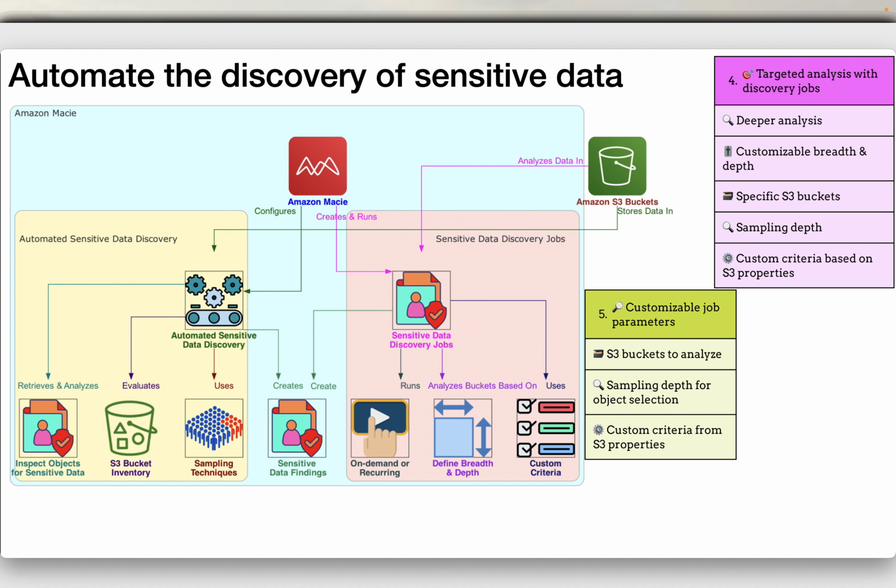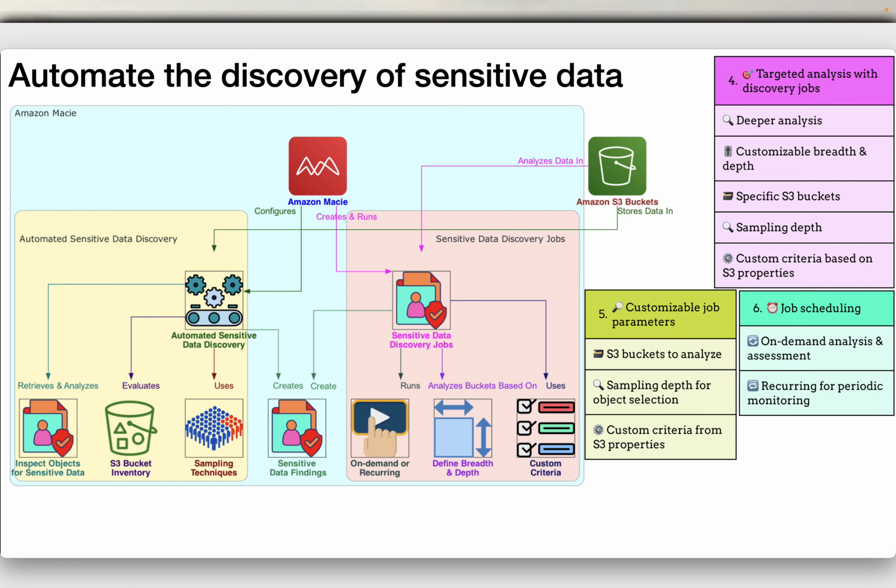When creating a sensitive data discovery job, you can customize parameters such as the specific S3 buckets to analyze, the sampling depth for selecting objects, and custom criteria derived from S3 object properties. You can configure a sensitive data discovery job to run only once for on-demand analysis and assessment, or on a recurring basis for periodic analysis, assessment, and monitoring.